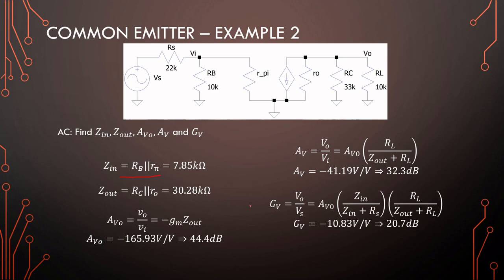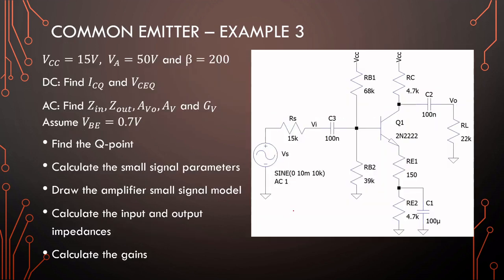Moving on to the next example. So example 3 has a bit of a change here on the emitter. So this is the split emitter configuration that I'm talking about.